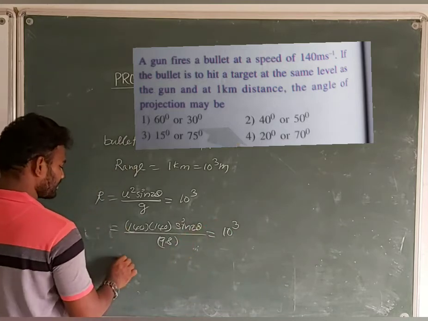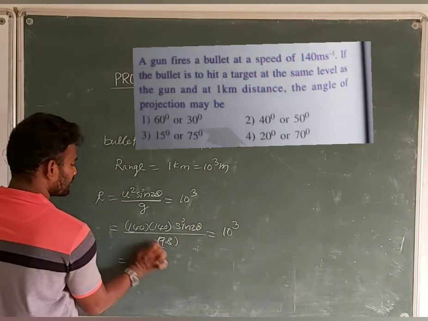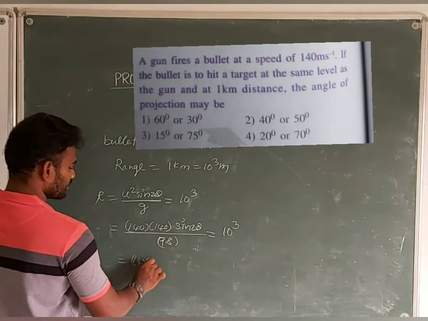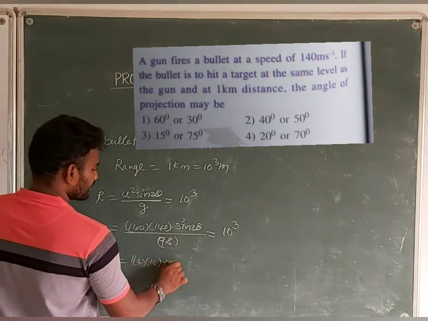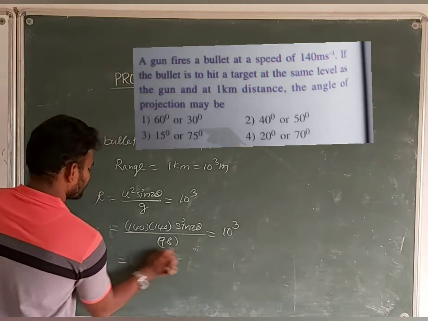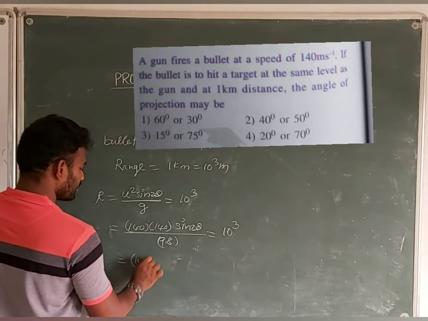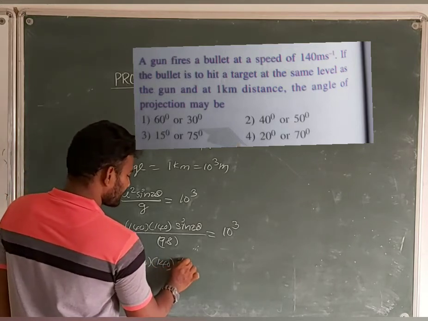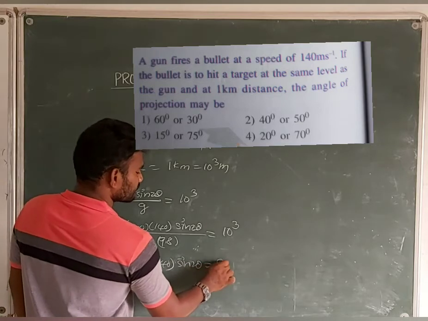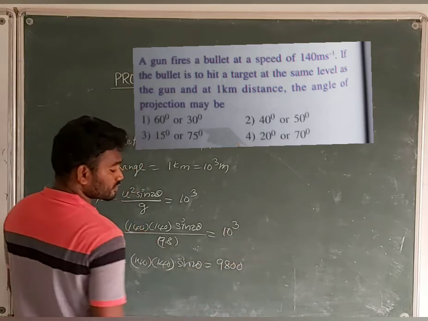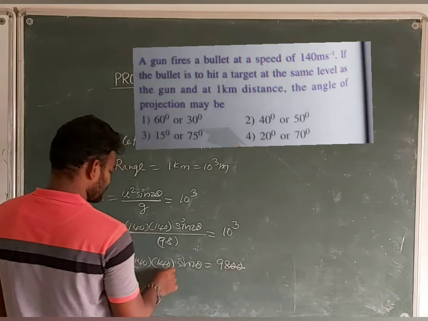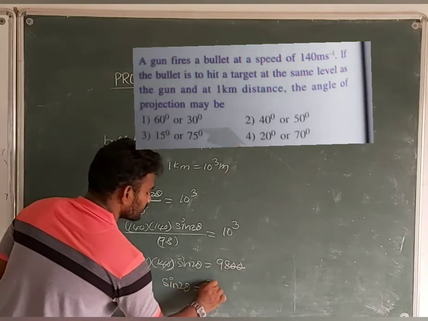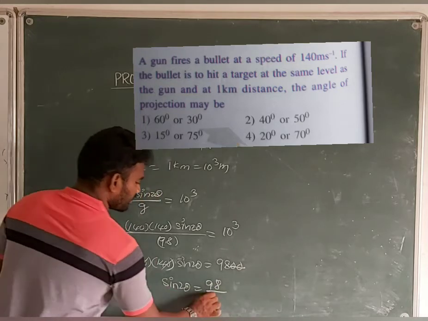Send this 9.8 across. Now 14 into 14, just write like that only, 140 into 140 into sine 2 theta is equal to 9800. Now these two zeros get cancelled. Sine 2 theta is equal to 98 by 14 into 14.